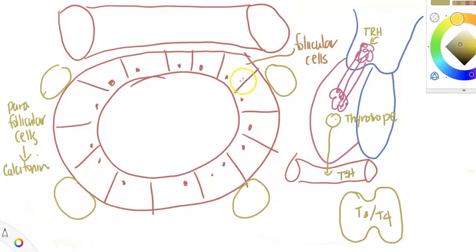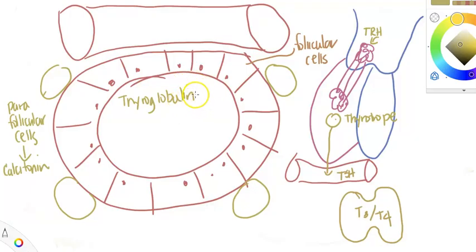T3 and T4 are made inside this little tube, using something called thyroglobulin. Thyroglobulin, which we'll talk about in a minute, comes from the amino acid tyrosine. We know that thyroid hormones are amine hormones. They come from the amino acid tyrosine.